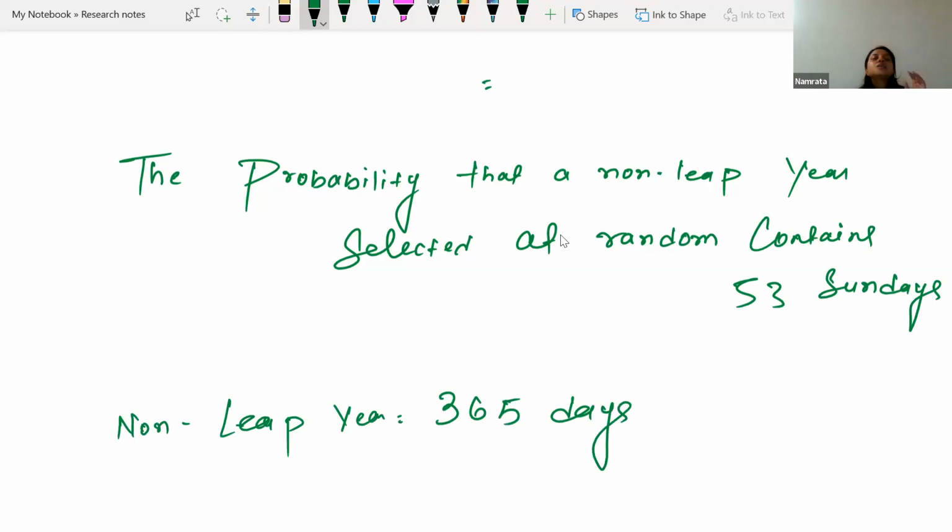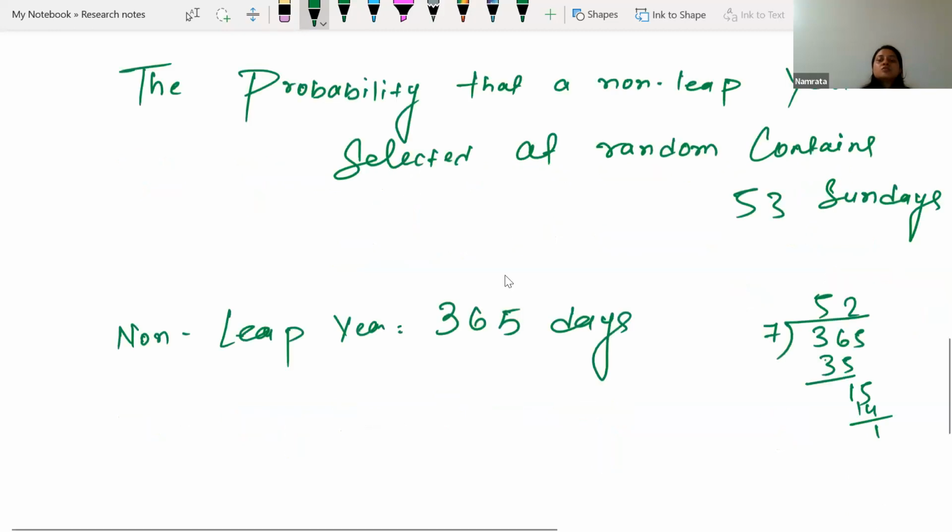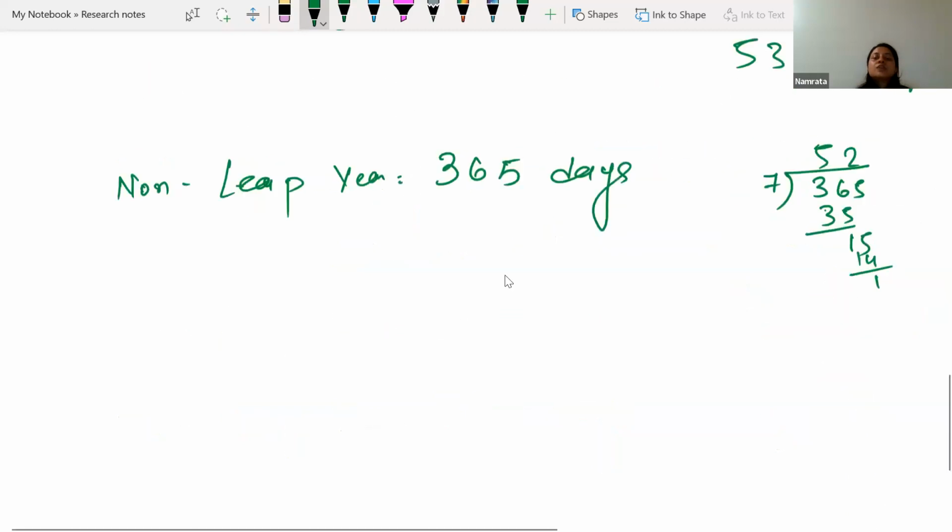This 365 days, if we segregate it in terms of weeks, then we need to check how many weeks are there. So if we divide 365 by 7, we can say total 52 weeks are there. Can you see over here? Total 52 weeks are there, and one is the remainder.